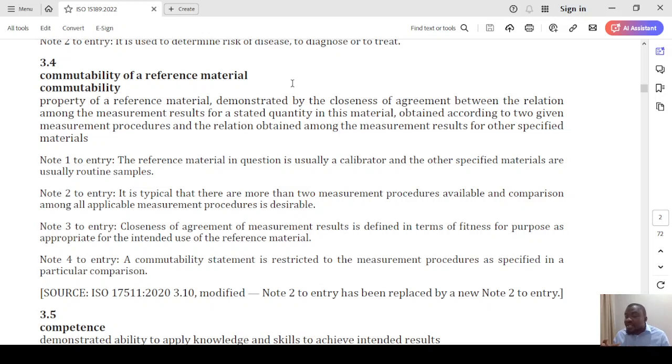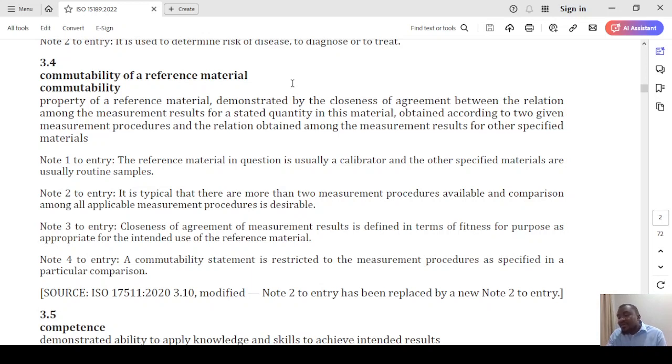We can talk about it during calibration, we can talk about it during IQCs, because I'm going to give you a scenario. Most of the IQCs that we use, let's say for CBC, are not gotten from human blood, because there is no person that you're going to bleed to get a human sample that you use as your control material for your machine.